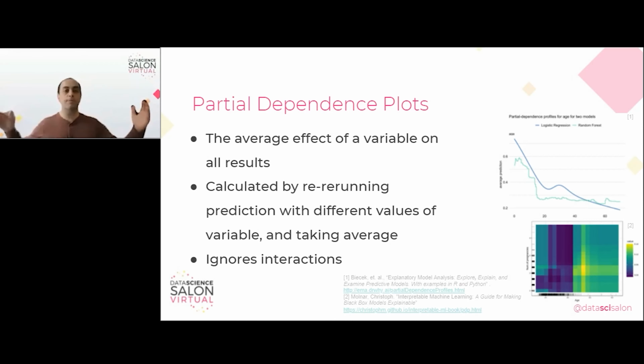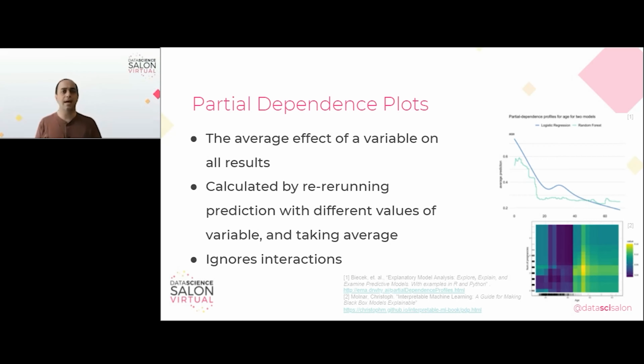Calculating the partial dependence plot has some similarities to the variable importance. We take the same data set that we used, and we choose one variable at a time. For example, age. Let's say that every single person in your data set was 0 years old. What would the average survival rate have been?